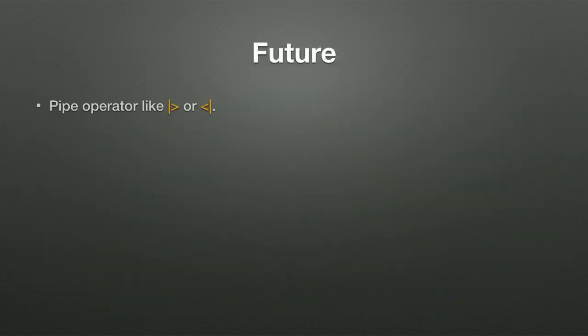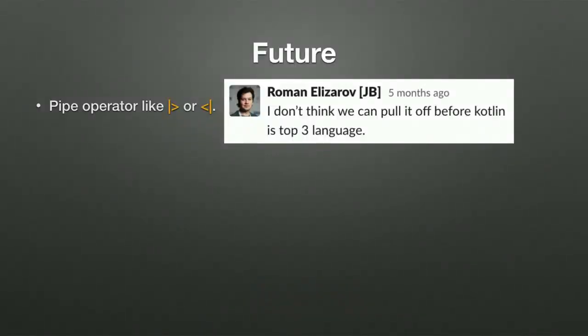So what does the future hold? One, it would be nice to reduce the nesting of the composable functions. And there have been talks about a pipe operator. It looks like a pipe, but it will be just function composition. But it most likely won't be there anytime soon, because it would probably hurt Kotlin adoption quite a bit.